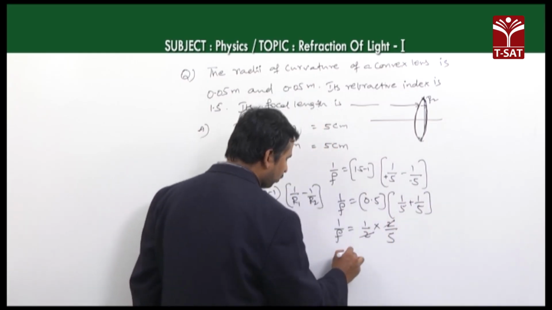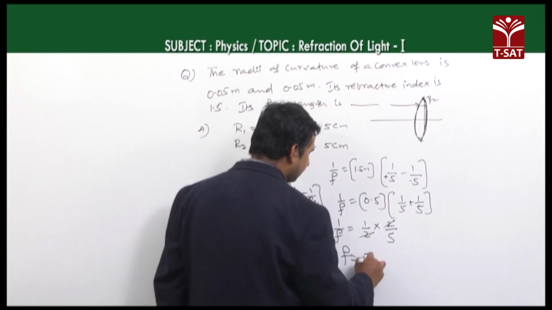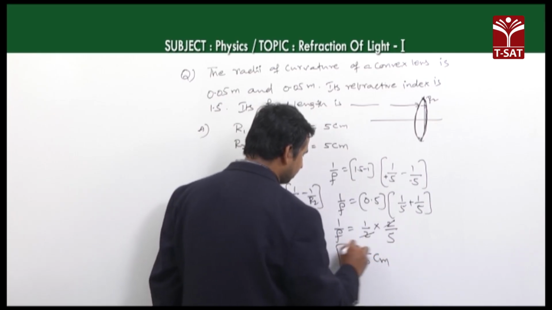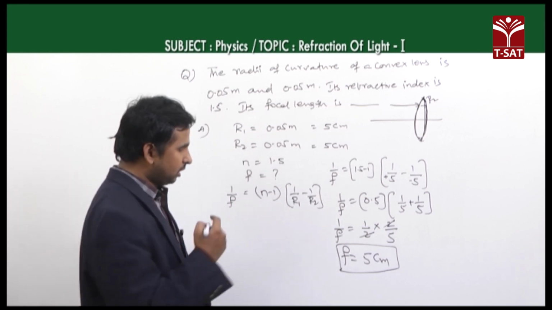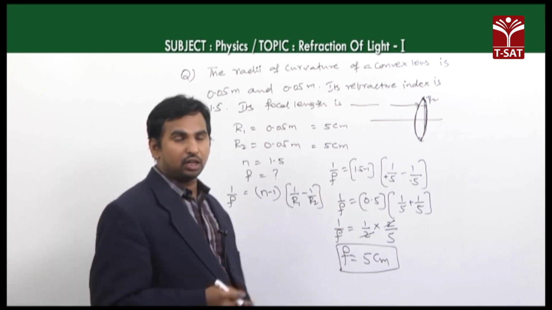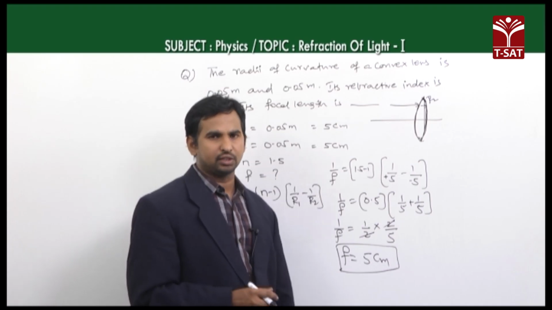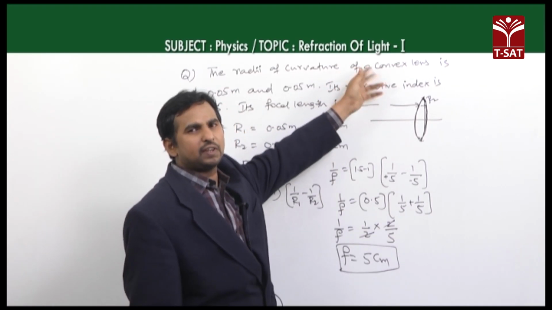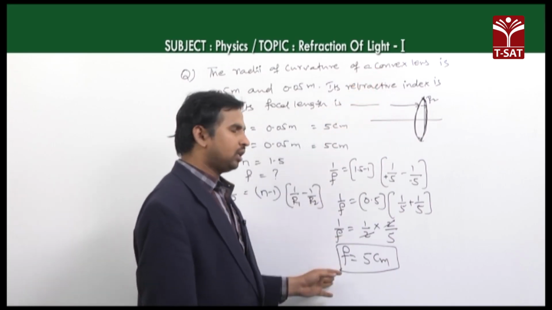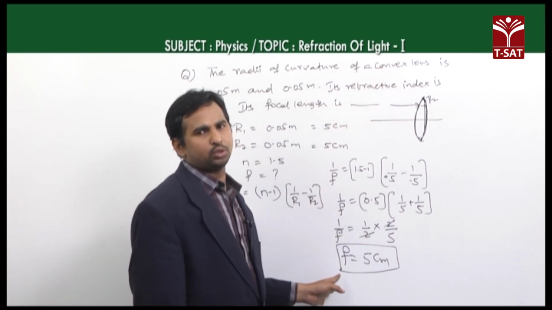Then finally the focal length becomes f is equal to 5 centimeters. If you observe the focal length value we are getting here, it is positive, because we are using a double convex lens here. So that's why, as it is a double convex lens, we are getting the focal length also positive.